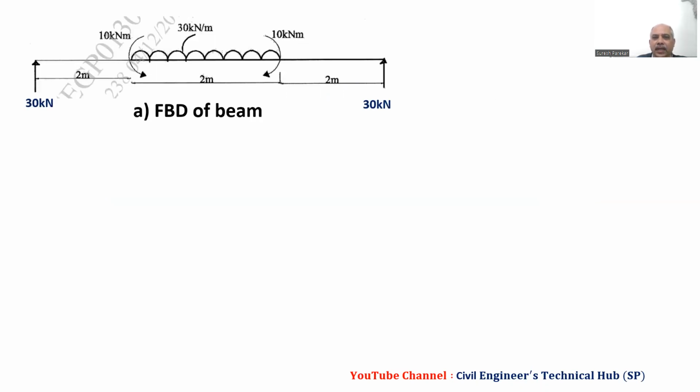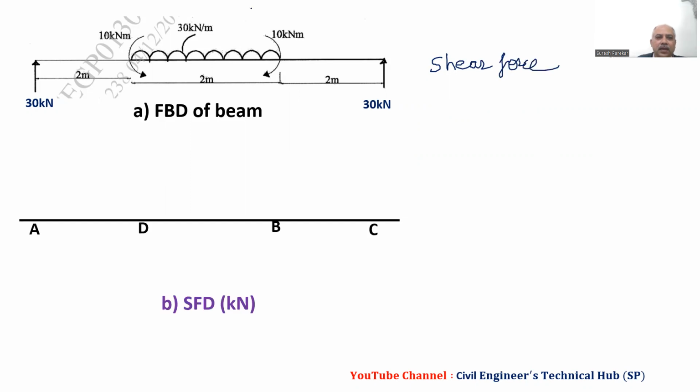Then we have the loading diagram and the shear force diagram. For the shear force diagram, we have points A, B, C, and D. Couple is not considered in this. So left of A, 0.